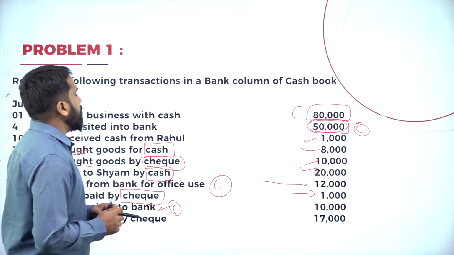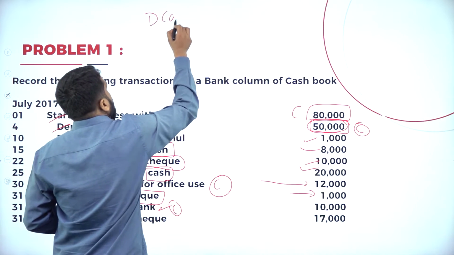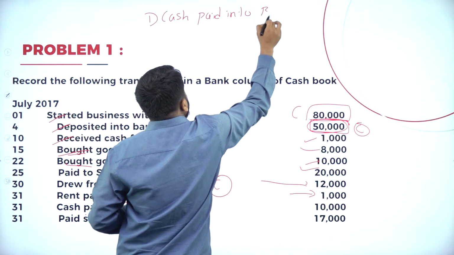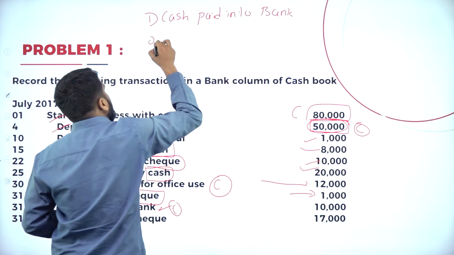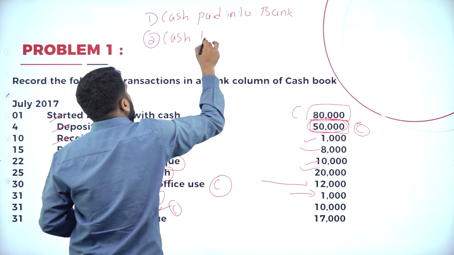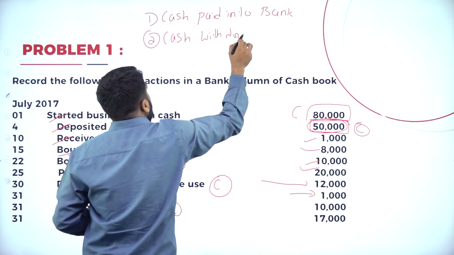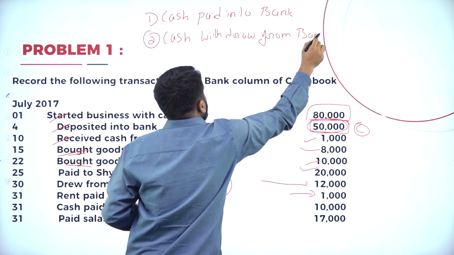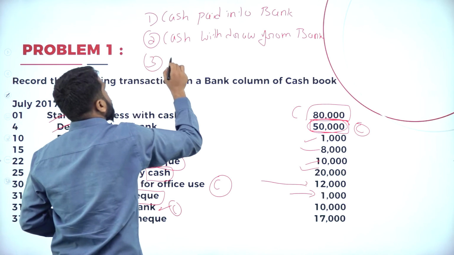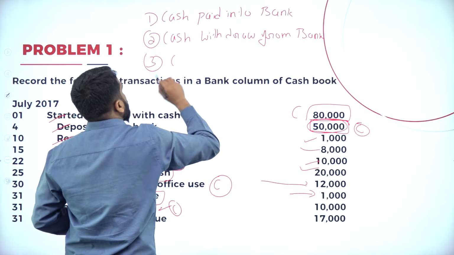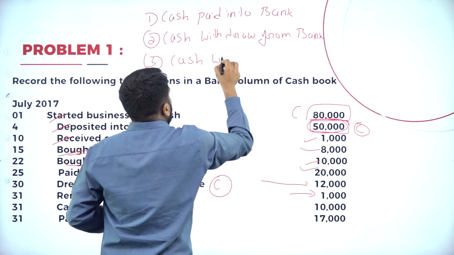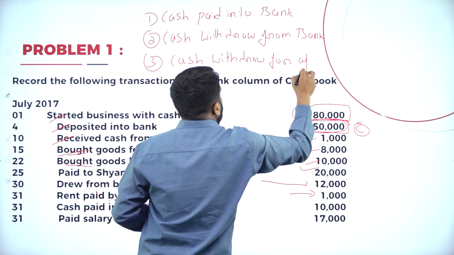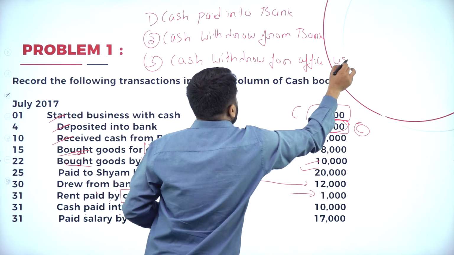Now, remember, cash paid into bank. Second one, cash withdraw from bank. Next, third one, cash withdraw for office use.